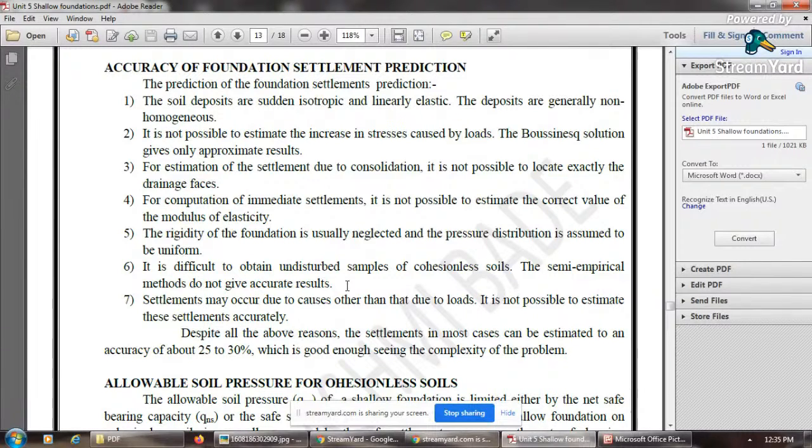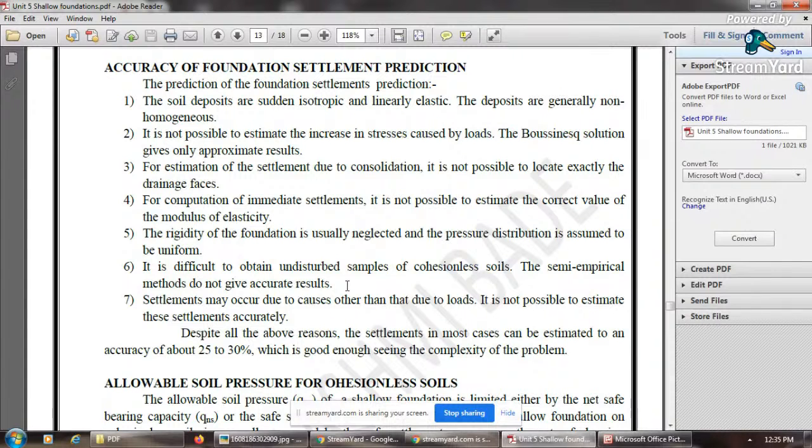Next, it is not possible to estimate accurately the increase in stresses caused by loads. The Boussinesq solution gives only approximate results. Boussinesq's equation for one layer, sigma z, we have calculated in the stress distribution chapter of Unit 4, GT1. Next, for estimation of the settlement due to consolidation, it is not possible to locate exactly the drainage spaces.